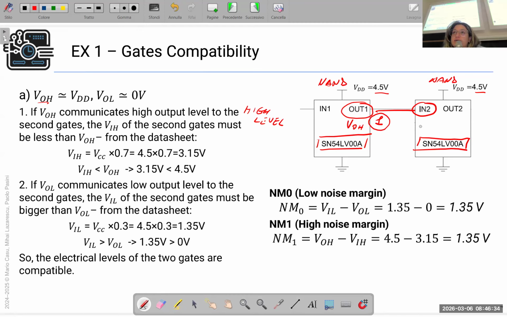But in the second gate, since the input must read 1, what we have to see is VIH, because we are at the high level. So let's see from the datasheet how to retrieve the value. Yes, please.